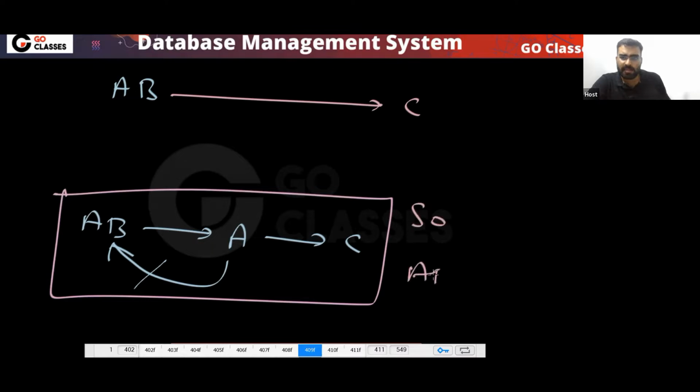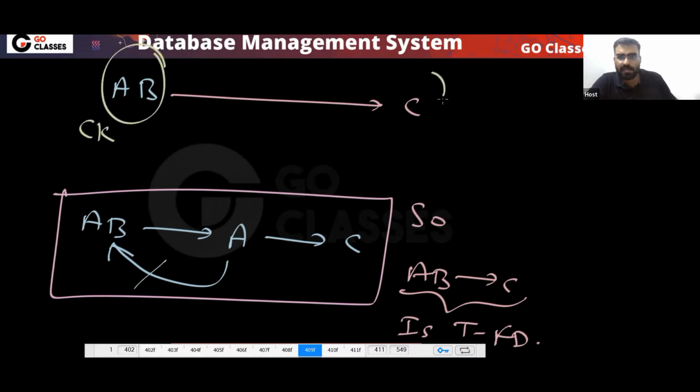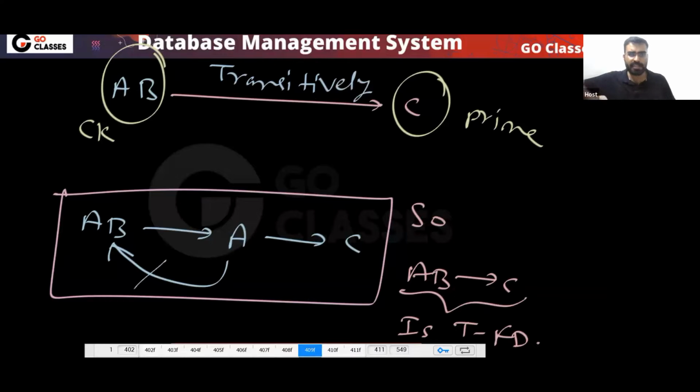AB is a candidate key and C is a prime attribute. So can a prime attribute be transitively dependent on a key, yes or no? Agree or not? A prime attribute can be transitively dependent on a candidate key. This is what I'm saying.